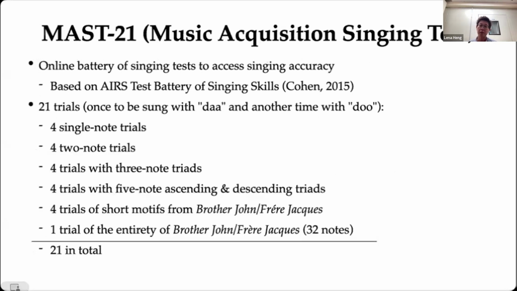So MAS 21 is a battery of tests used to assess singing accuracy, and it's developed based on the AIRS test battery of singing skills. There are 21 trials with the different tasks required for each trial listed here. The test battery is still in development. Different tasks could be introduced to assess other aspects of singing or for different populations.